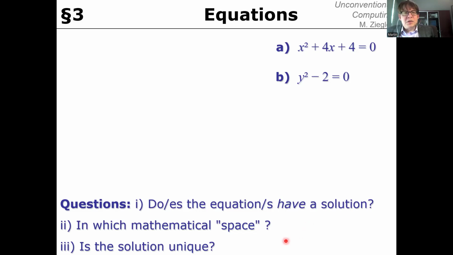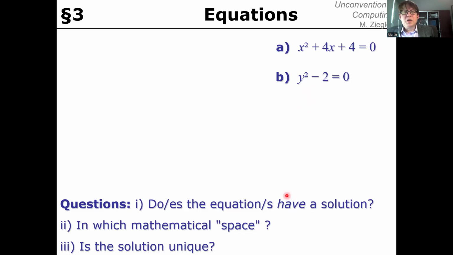And the third question is whether the solution is unique. Is the square root of 2 the only solution to this equation? No, it's not, because minus the square root of 2 is also a solution. So this equation has two solutions in the space of algebraic numbers. It has no solution in the space of rational numbers.